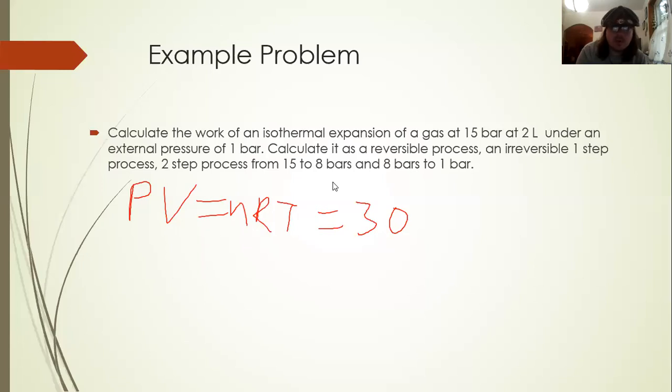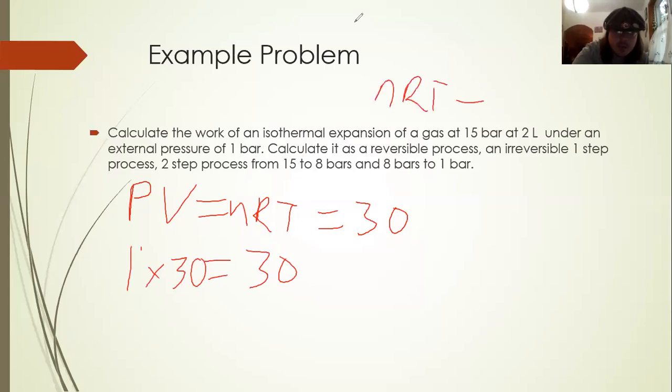So now, if it's equal to 30, our volume at situation 2 must also be 30. So right now we have nRT equals 30, and we have V2 is going to be equal to 30 liters.